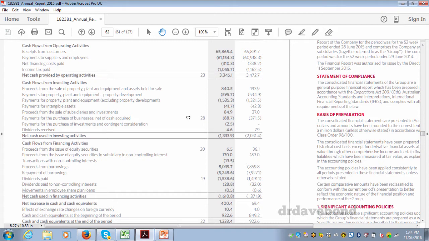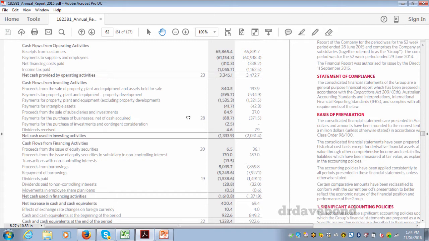The biggest thing by far is proceeds from borrowings and repayment of borrowings. They borrowed about $5 billion and they repaid about 5.2. Whether that's a refinancing or not, we don't know the exact details at this point, but they haven't really borrowed net. They've borrowed some and repaid some.